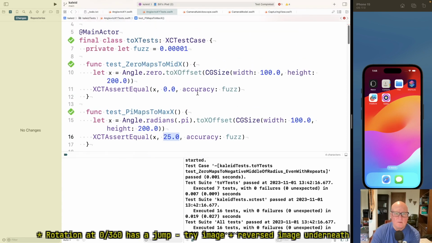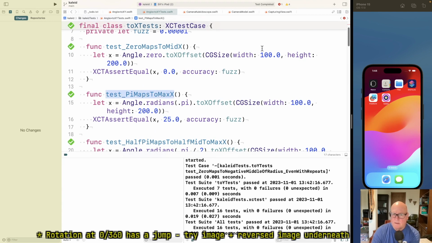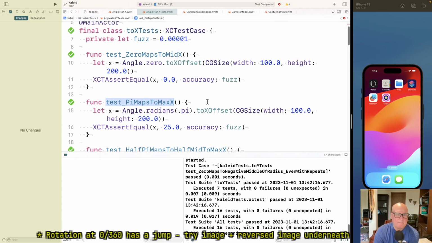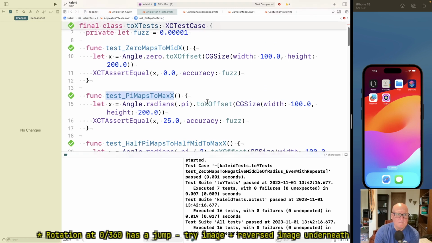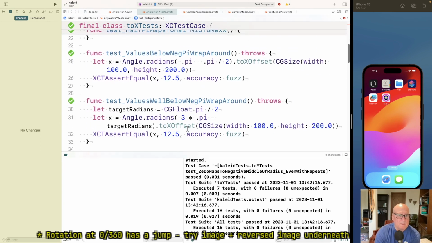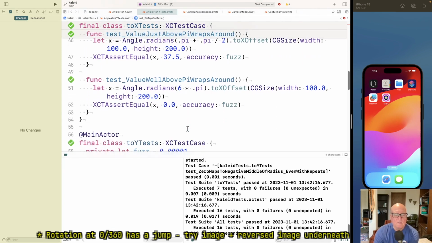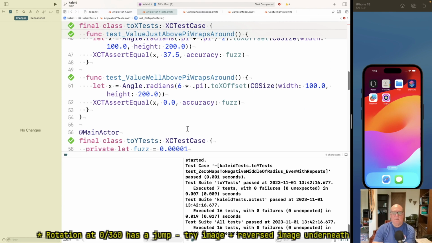Yeah, I don't know where, unless the comments got out of whack, maybe, because we did change things around, but angle 0 should map to 0, okay? And 100 width, 0 is fine. Pi maps, well, where's 2 pi map? Above pi wraps around.